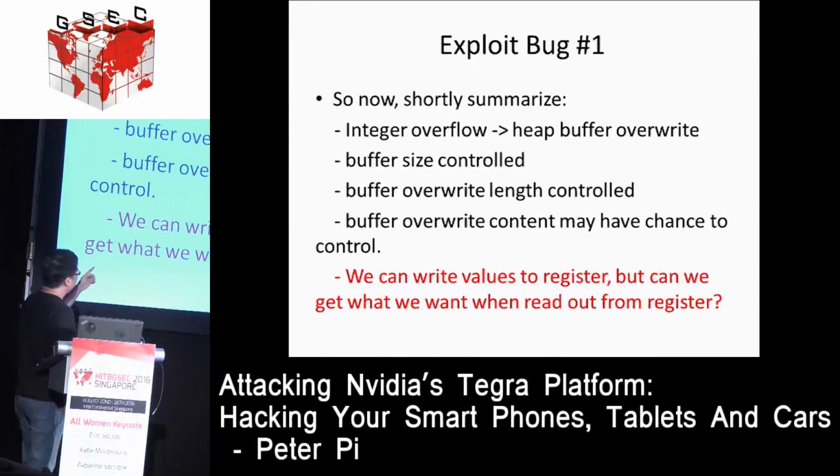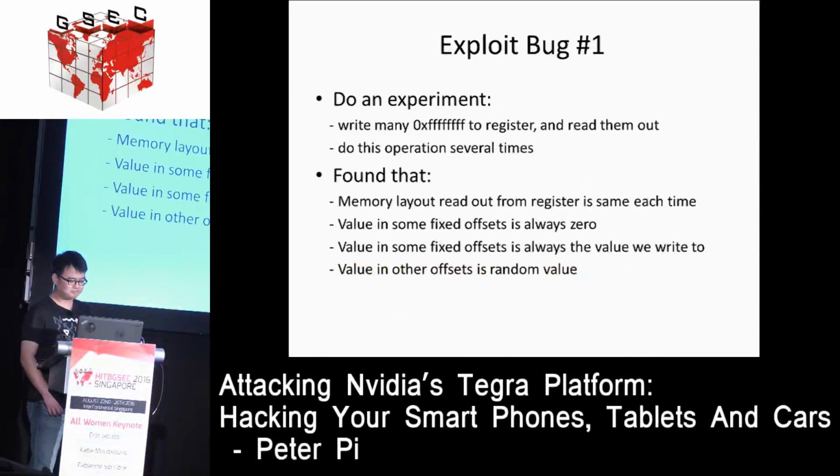The overwrite content we may have a chance to control because we can write values to the register first and read them out from it. But we need to do an experiment. So I do this. I write many magic numbers to the register and read them out, and do this operation several times.